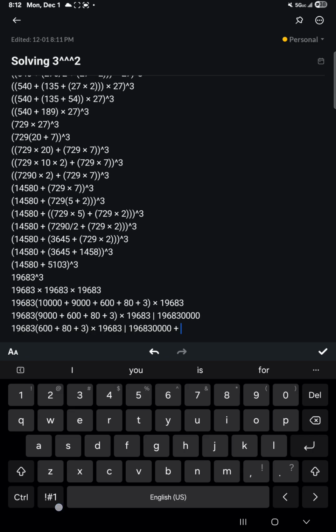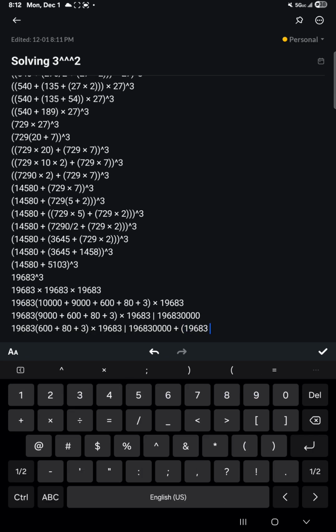So it just becomes 196,830,000 plus 19683 minus 19683. I mean, 9 is just 10 minus 1, so I can just plug that in for 19,683. So it's like 10x minus 1x, and then I just get this.